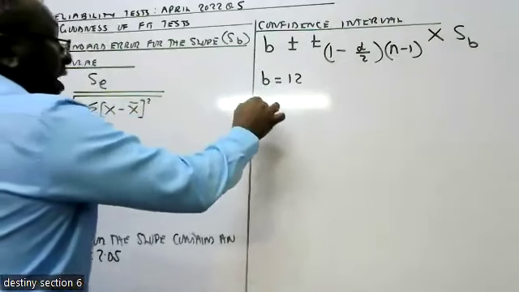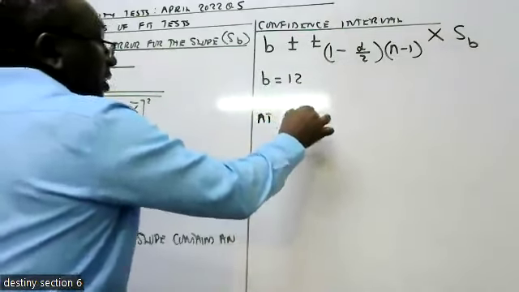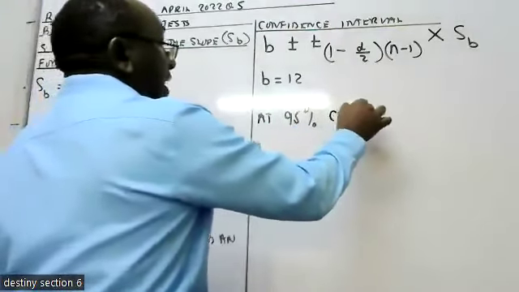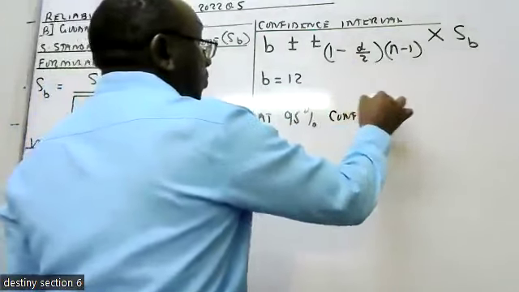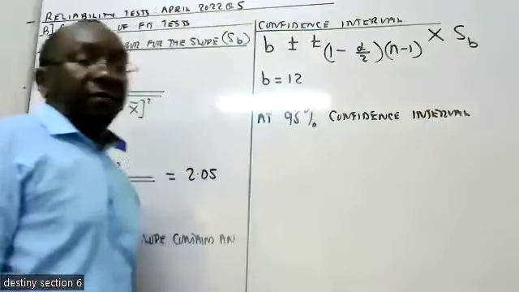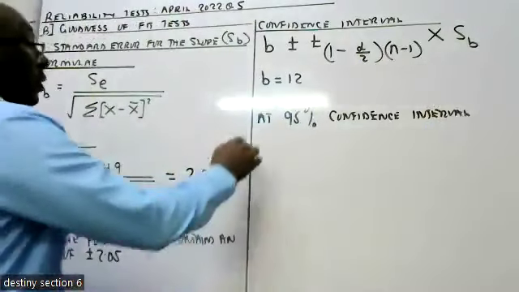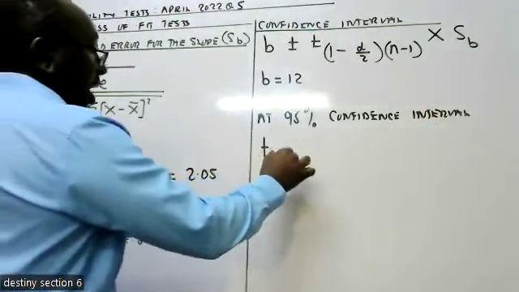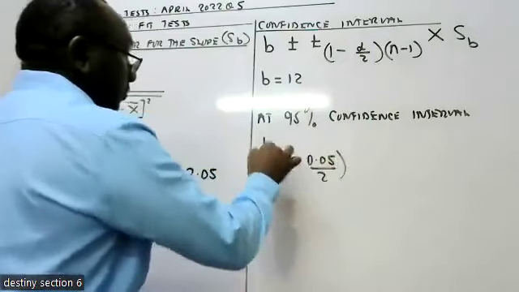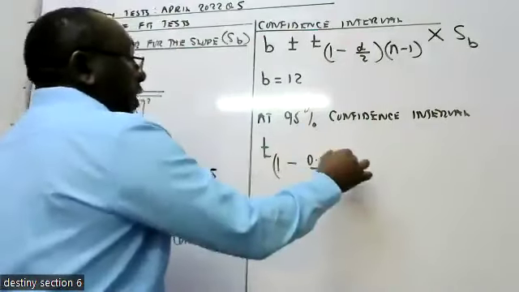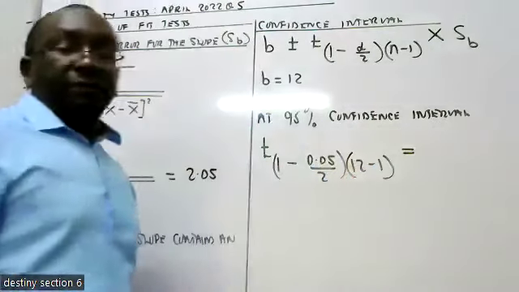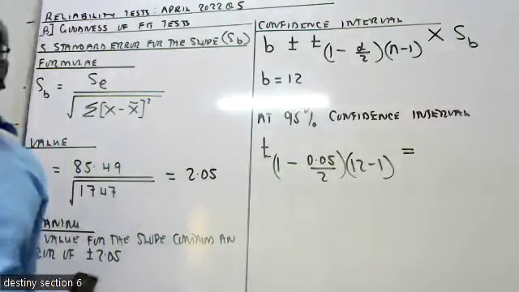So at a 95% confidence interval, this T at 1 minus 0.05 out of 2, 12 minus 1. Someone read for me the table of T and give me the figure.